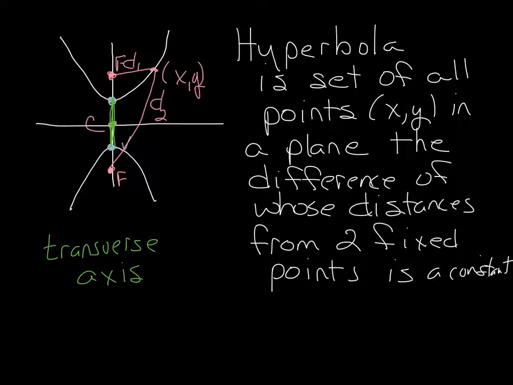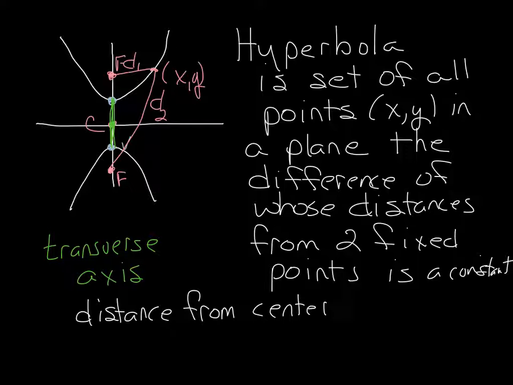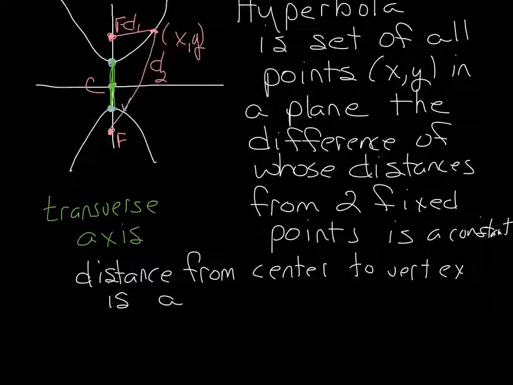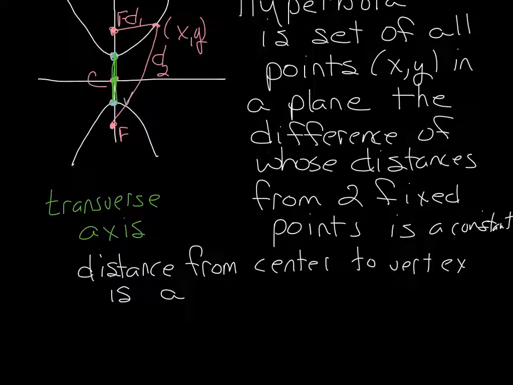Just like with an ellipse, the distance from the center to the vertex is A. And the distance from the center to the foci is C, just like it was with an ellipse.